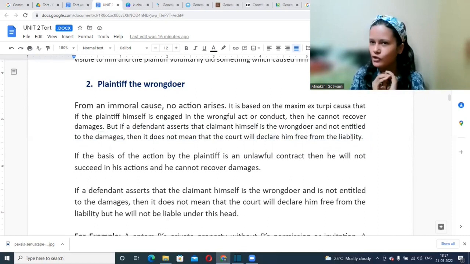That yes, it was not my fault, but the other person only was doing something wrong. So if I'm going to the court complaining about something, I should not be the one who is at the wrong position. I should be proper in my position. After that, only I can complain about a certain thing. I can ask for compensation.